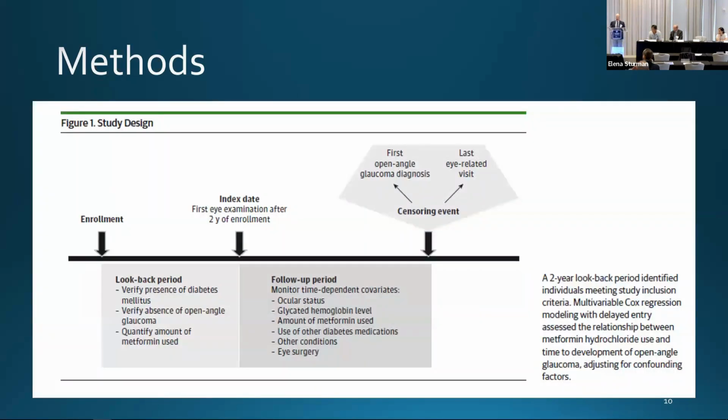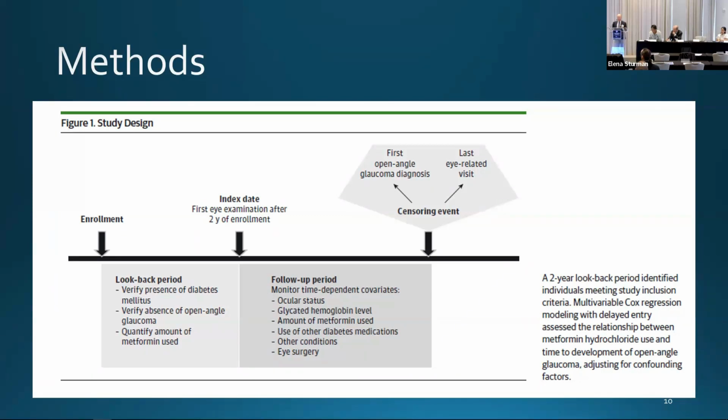Here you can see how we set up our analysis. We used the first 2 years the patient was in the plan as a look-back period. During that period, we confirmed that they had diabetes, that they didn't have glaucoma, and we quantified how much metformin they used.